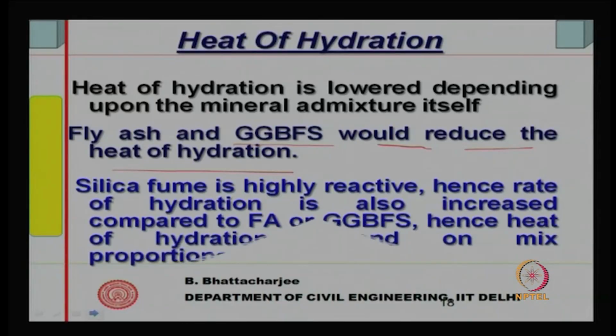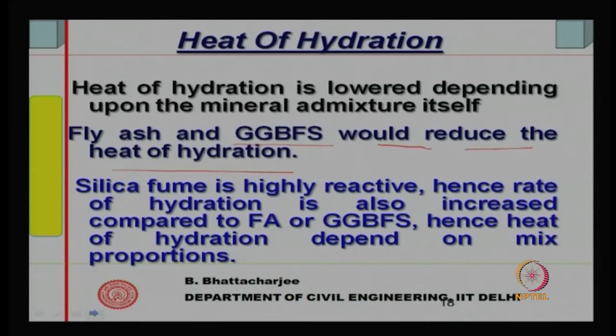So, heat of hydration in the initial phases will only be contributed by cement, right, and that is why heat of hydration gets reduced. Fly ash reacts relatively at a slow pace, so the rate of heat generation is reduced and it is spread over a longer period of time. So, the effect is much less. So, both GGBFS and fly ash reduce the heat of hydration.